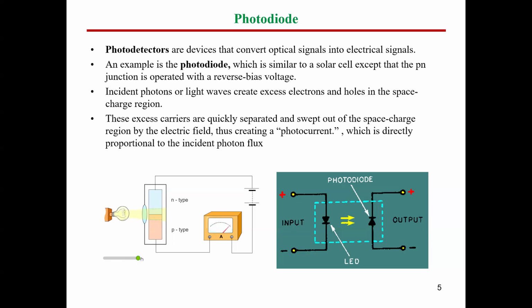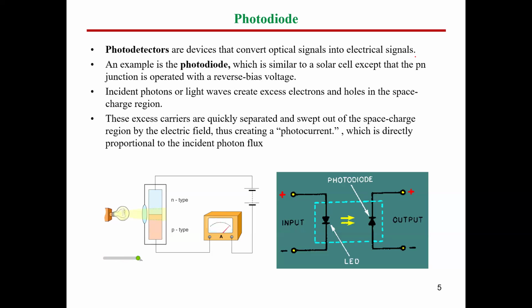So let's see this type of diode together, guys. Photodetectors are devices that convert optical signals, some optical lights, into electrical signals. So it still will convert optical to electrical, but it's not a source of power.